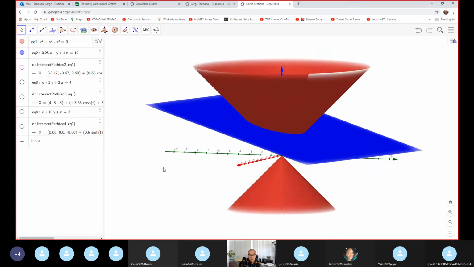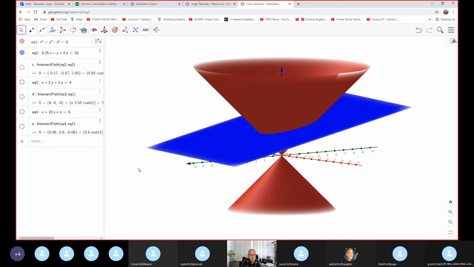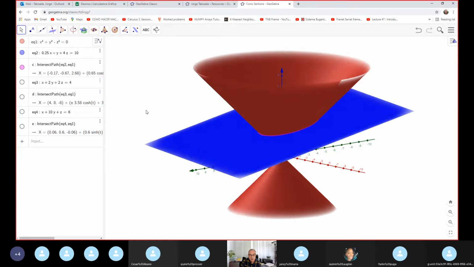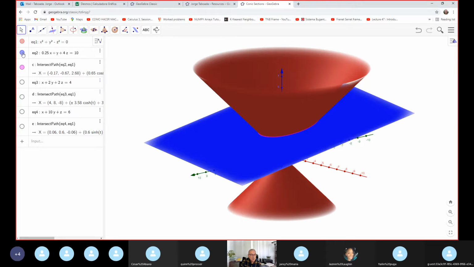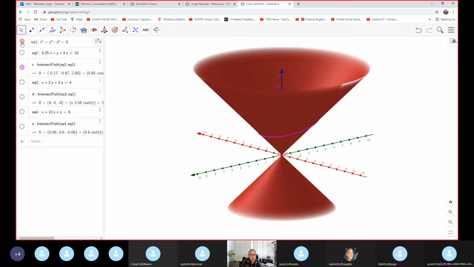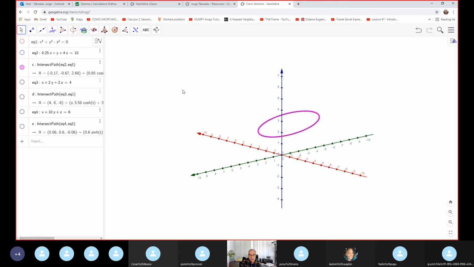Intersecting the cone, it forms one specific curve in pink color. Let me make it clear. Let me remove the plane and remove the double cone. And this is the ellipse.